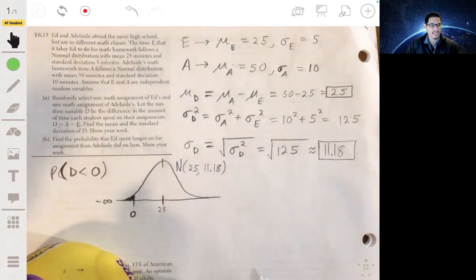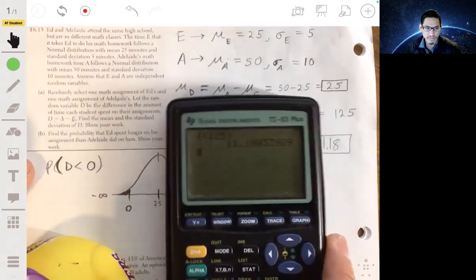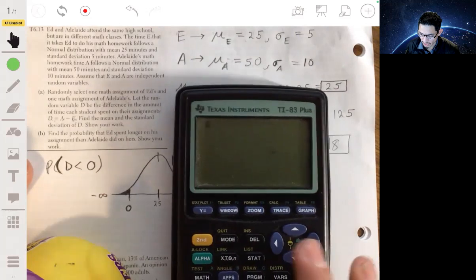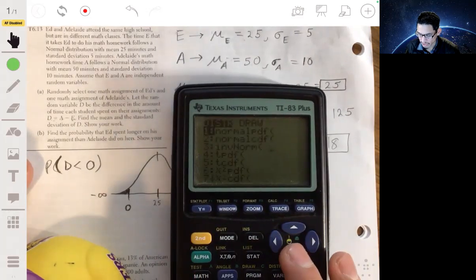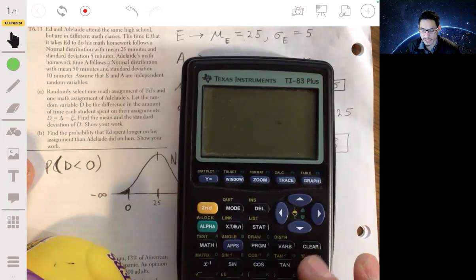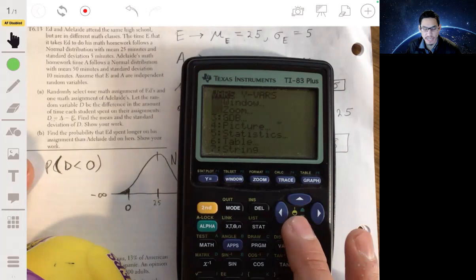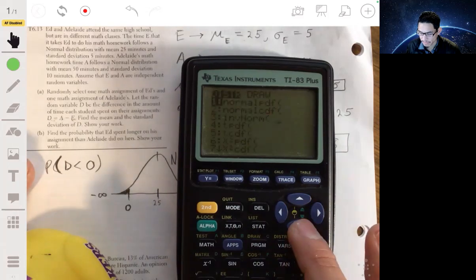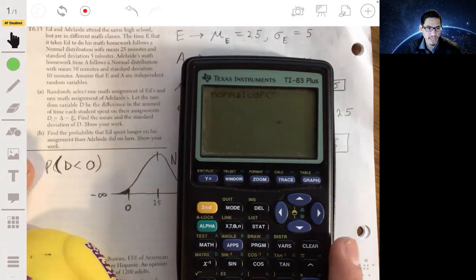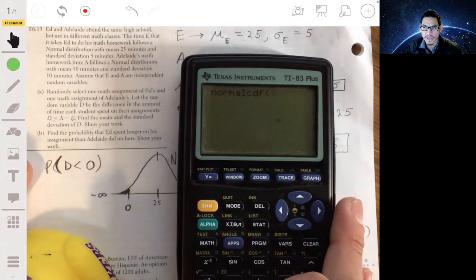So we can use this as our normal distribution calculation in our calculator. Once you understand z-scores and everything, I'll show my students how to do it quickly in their calculator. You go to vars, then distribution, and then normal CDF. Here you'll have the lower bound, upper bound, mean, and standard deviation.